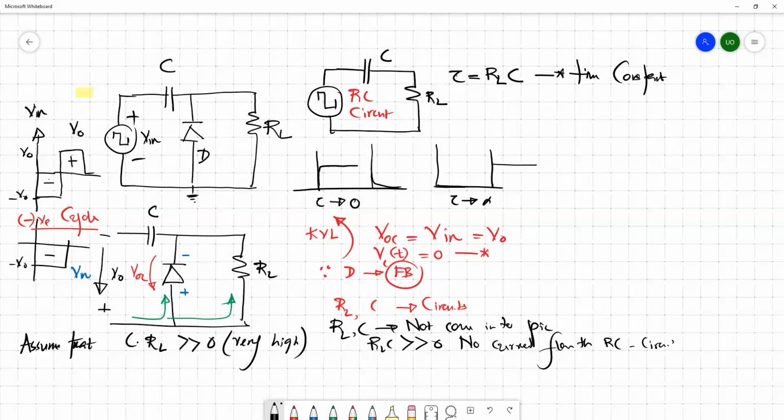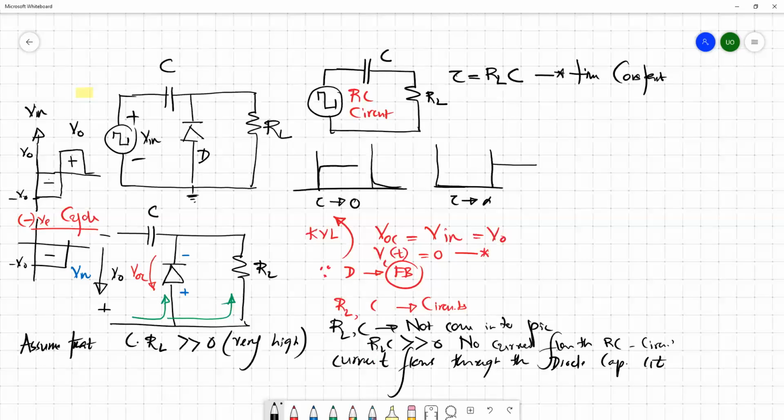The current actually flows through the diode capacitor circuit.